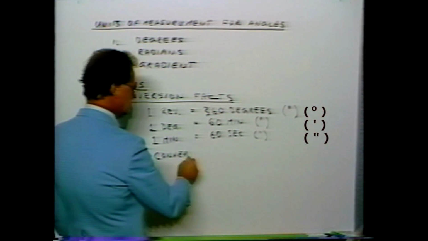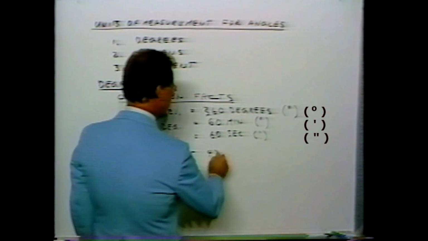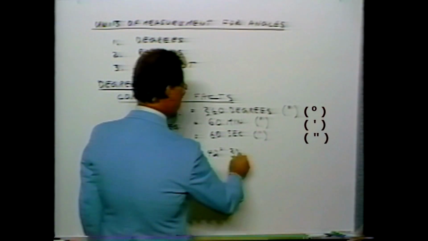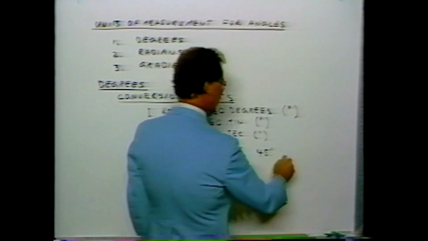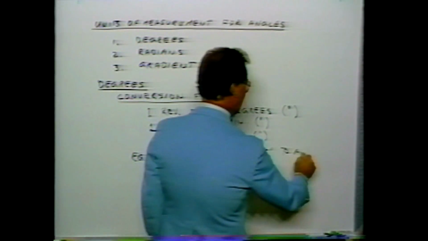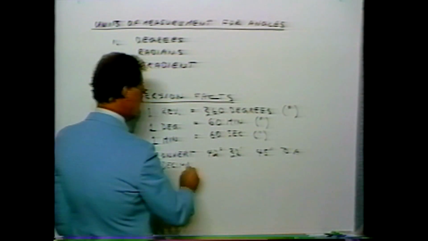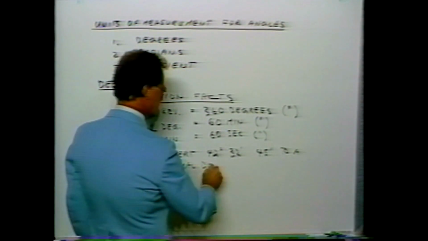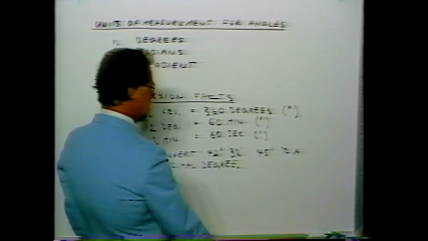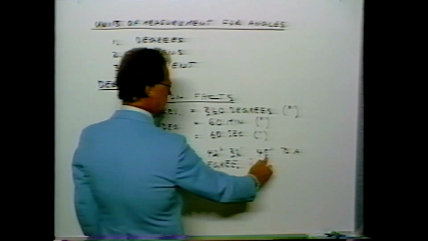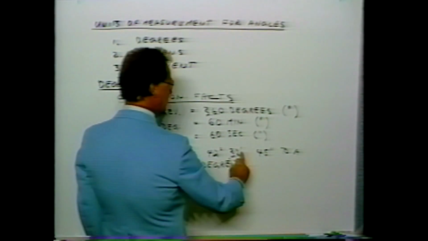Convert 42 degrees, 32 minutes, and 45 seconds to a decimal degree. Begin by changing 45 seconds to a fraction of a minute as a decimal.